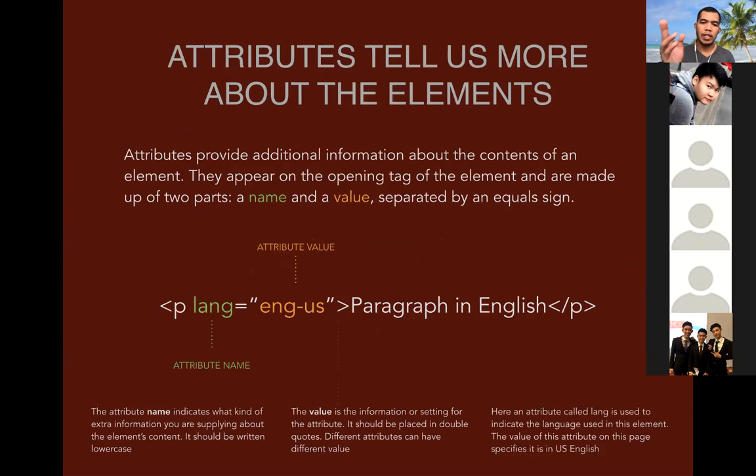So it will not affect the physical characteristic of the HTML element. It's just adding information only. So most of your HTML elements or HTML tags need to have an attribute. What an attribute does is provide additional information about the content of an element. They appear on the opening tag of the element and are made of two parts.